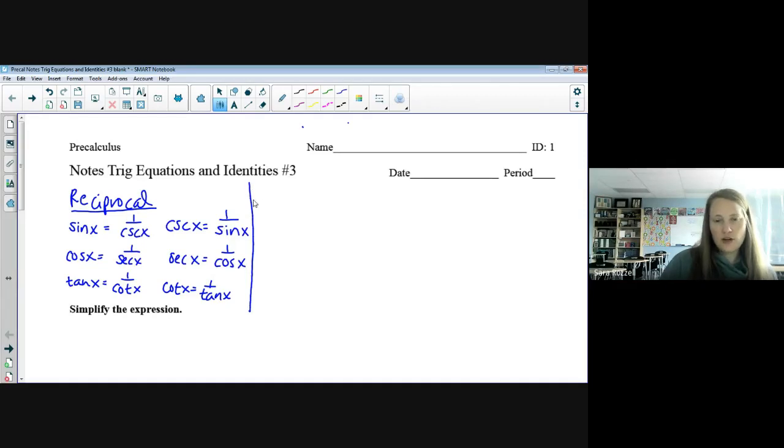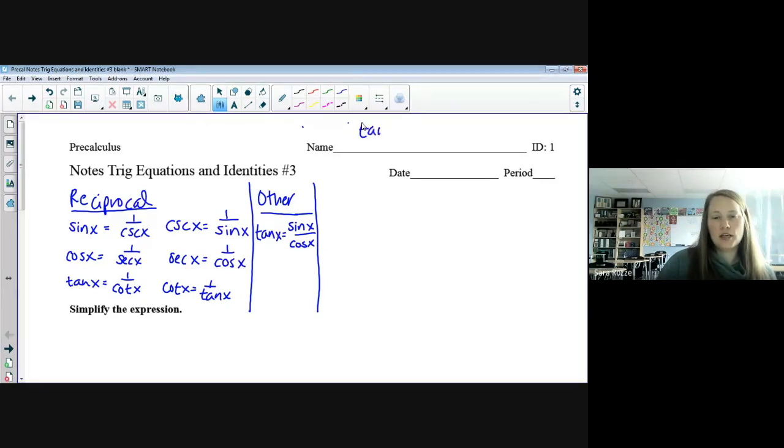We have two that we just call the others. You might have figured these out already, but maybe not. Tangent is the same as sine over cosine, and I'll show you why over to the side.